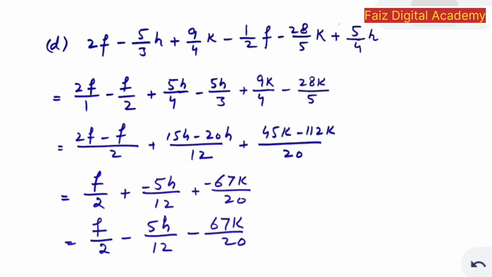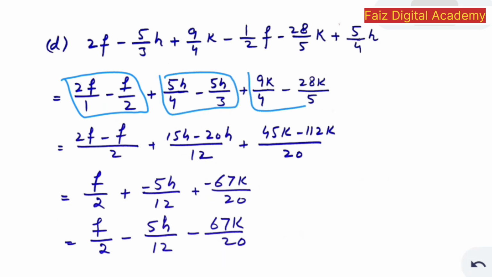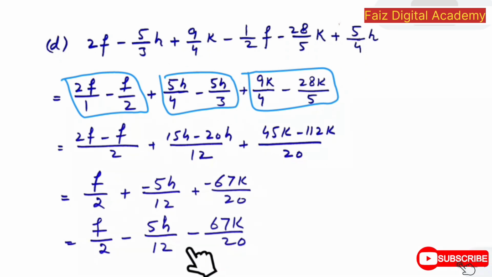Then after arranging them, we have to take the LCM, and the LCM in steps, like you can see. So we take the LCM of the first part and we write it, then we take the LCM of the second part, third part, and just solve as we have solved the questions from A to C, and then just write the answer.